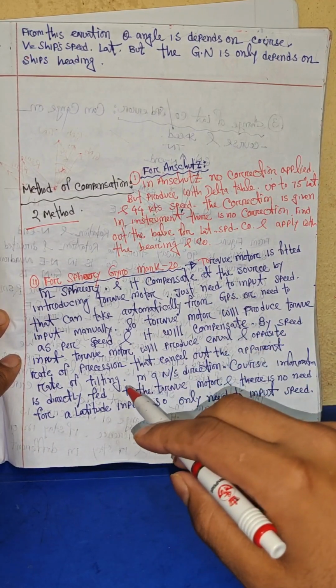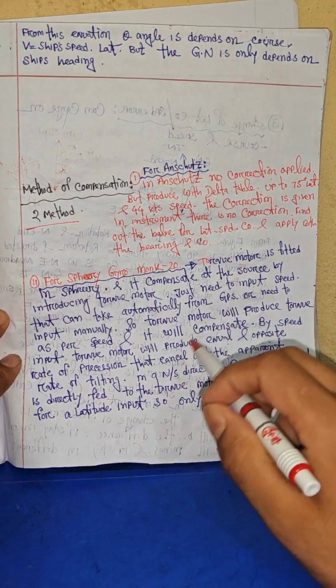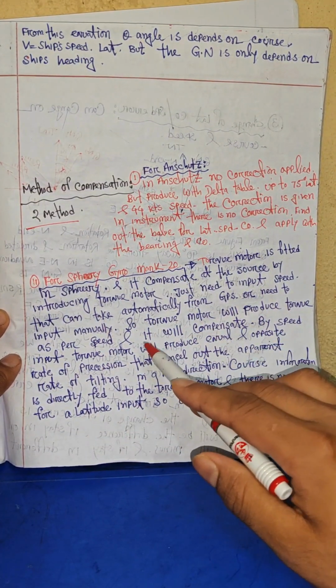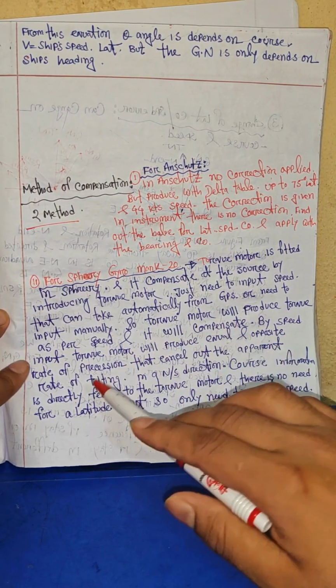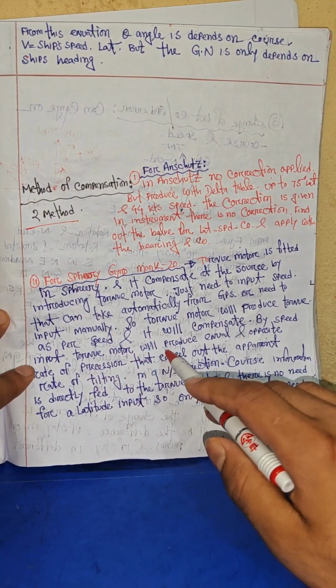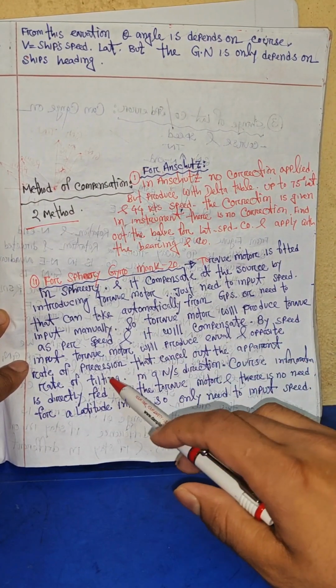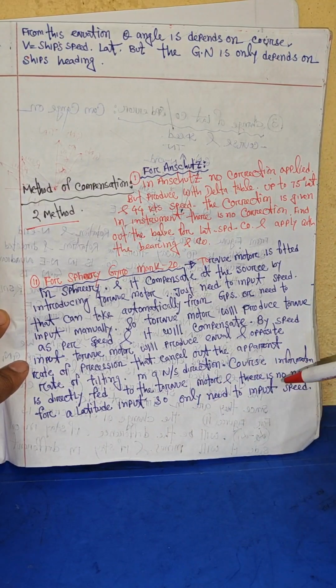Okay, because for this latitude, course and speed error you have to input the speed only. As in the last video, for the damping or settling error, you need to input the latitude. So for this error you need to input only the speed. So it will compensate by speed. Input to the torque motor and a sufficient, equal and opposite torque will be produced to compensate that rate of tilting.